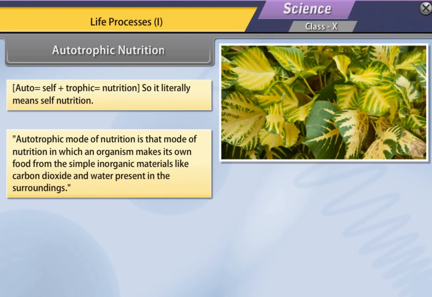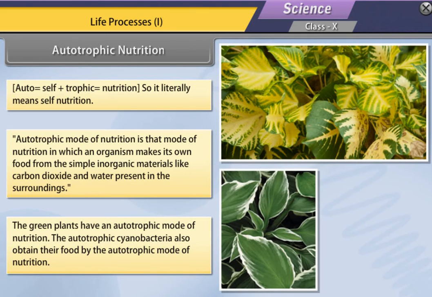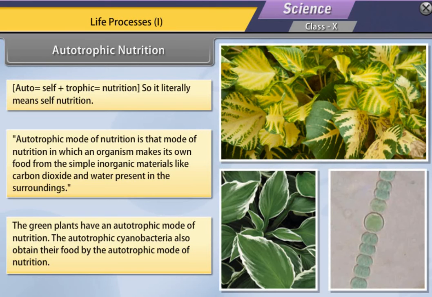Autotrophic mode of nutrition is that mode in which an organism makes its own food from simple inorganic materials like carbon dioxide and water present in the surroundings. Green plants have an autotrophic mode of nutrition. The autotrophic cyanobacteria also obtain their food by this mode.